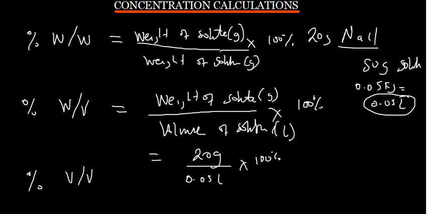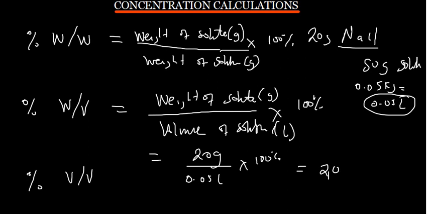So the answer that you are going to get, let's see what I get here. That is 20 divided by 0.05 multiplied by 100. Though it has given me a very big number, I've just made up the question anyway.